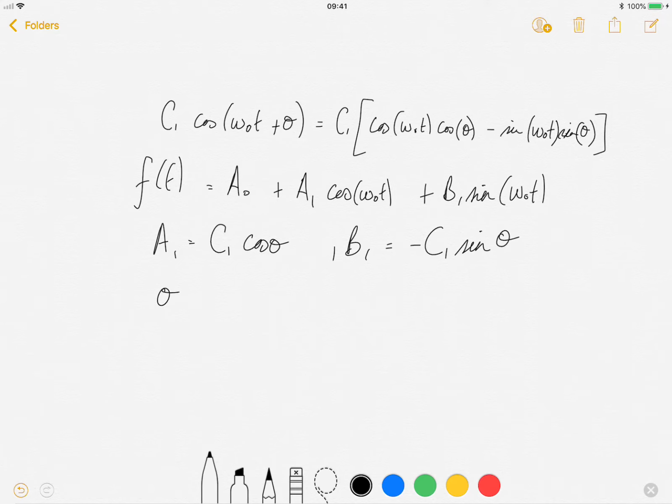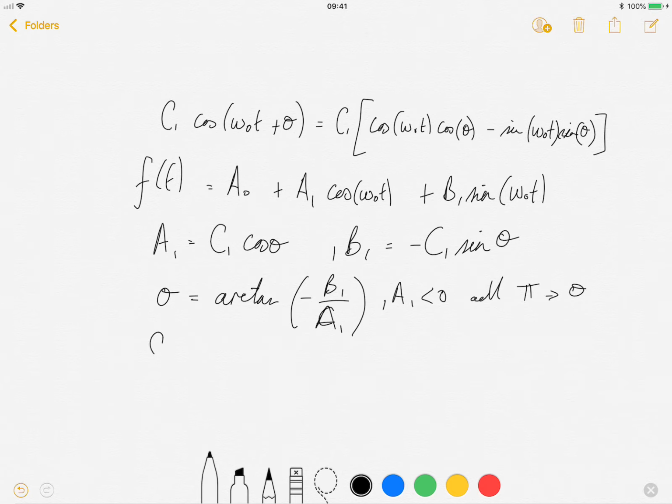If we wanted to calculate our phase shift, theta, we could just divide a1 and b1. So theta is equal to arctan(negative b1 over a1). And just to note that if a1 is less than 0, we would just add pi to theta.